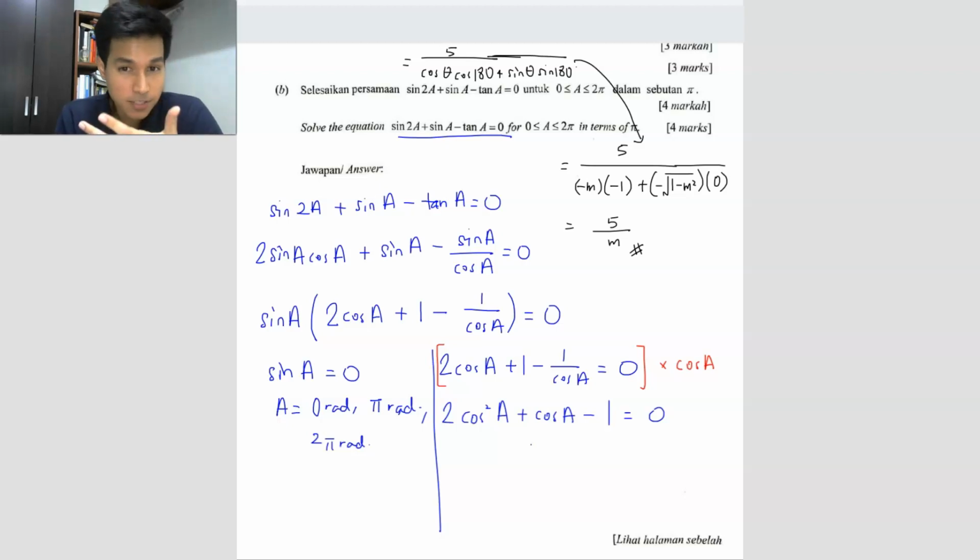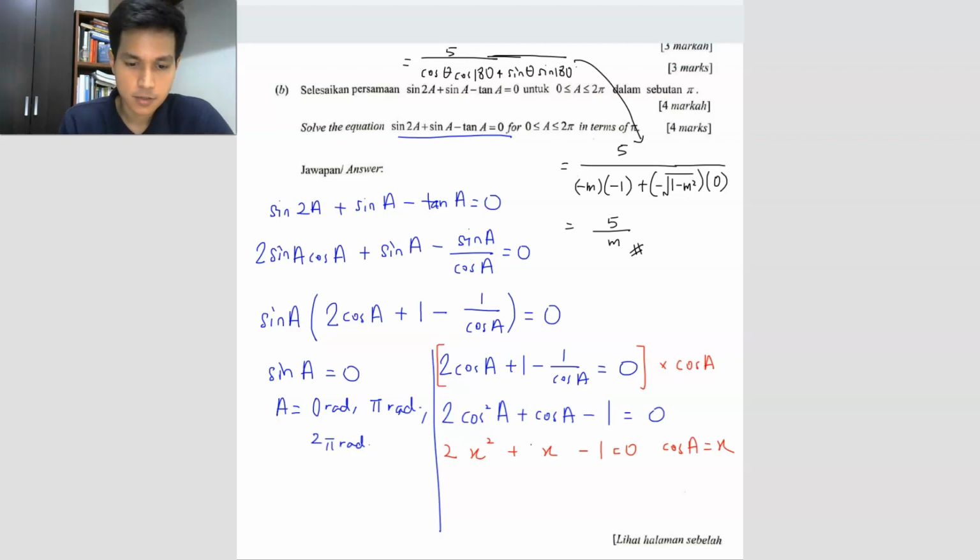So this is actually a quadratic equation. Now if you cannot see this, if you ask where is the quadratic equation, let's assume cos A equals x. So here it becomes 2x square plus x minus 1 equals 0. So now you see, it's a quadratic, right? When you factorize, you should get (2x minus 1)(x plus 1) equals 0.